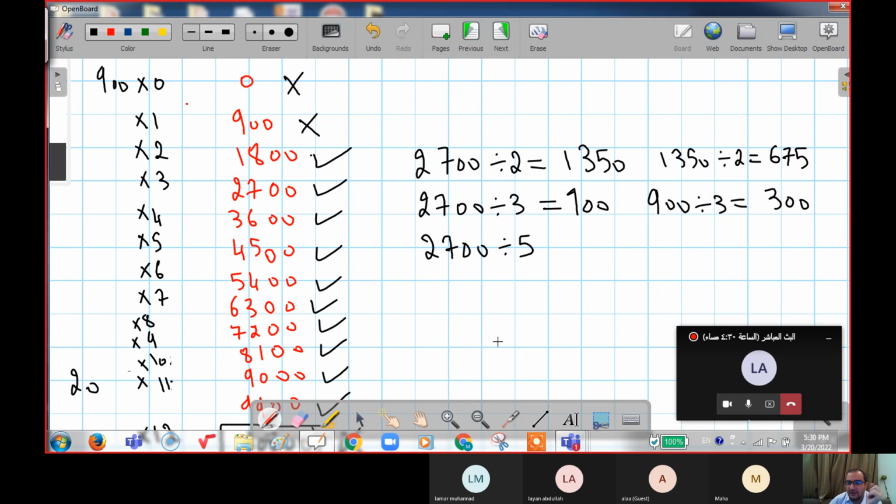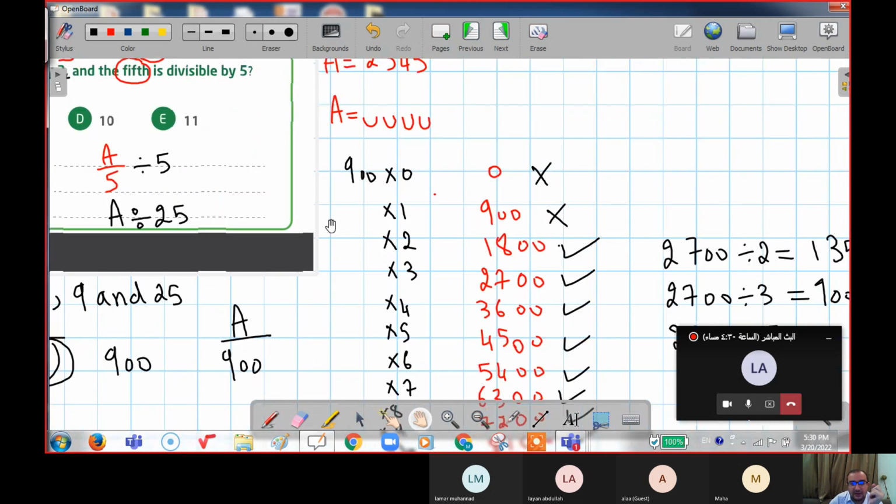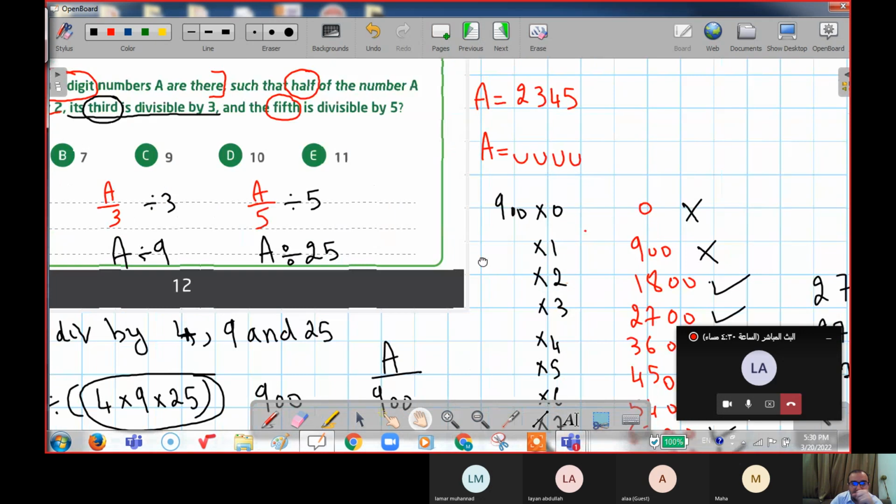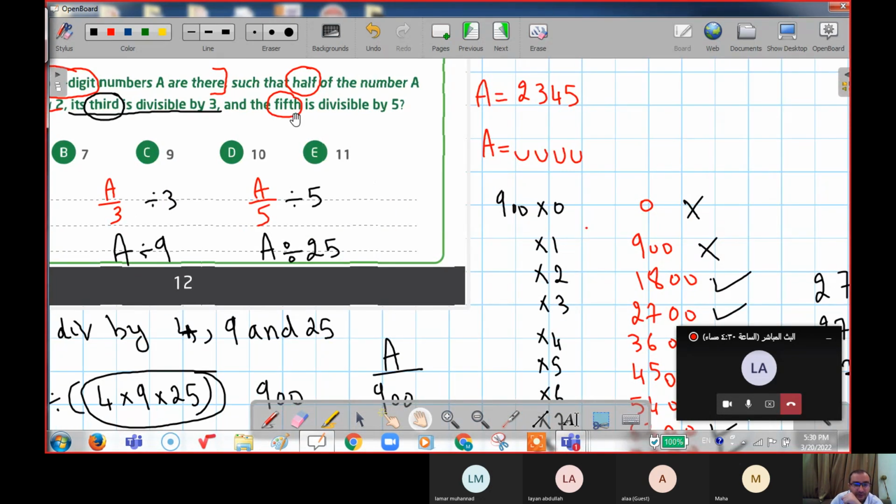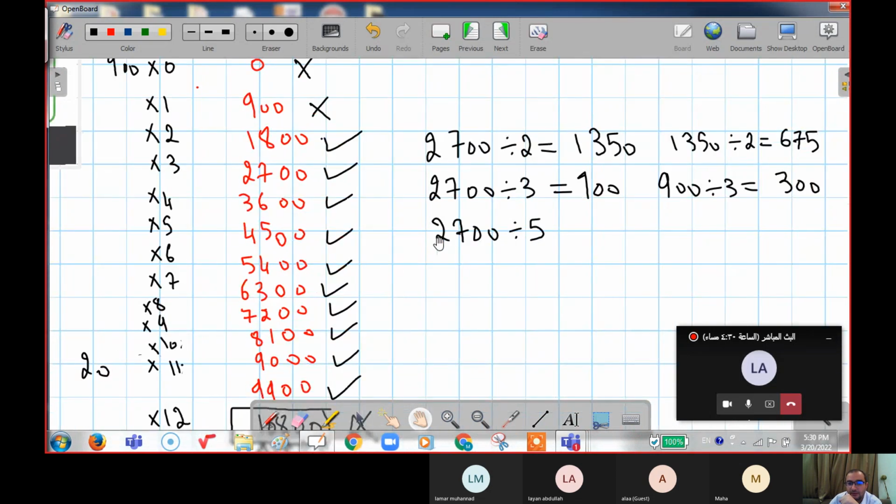By 5, because it says the fifth of the number is divisible by 5. So 2,700 divided by 5 is equal to 540.